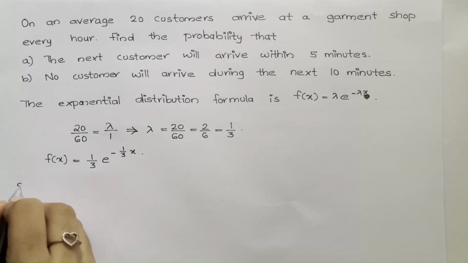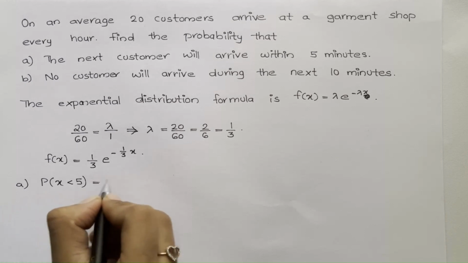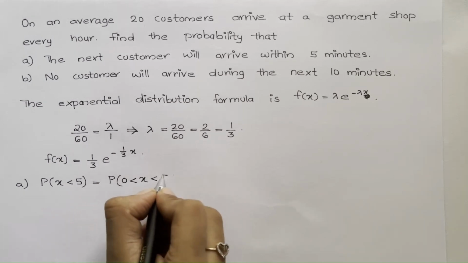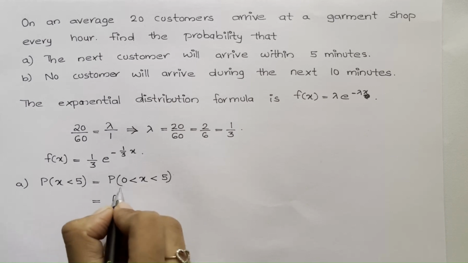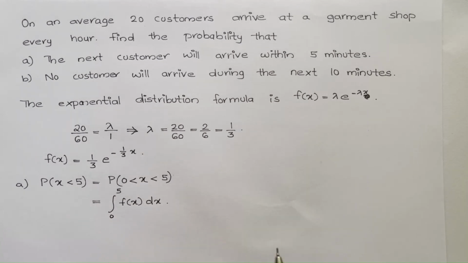Now, we have to find out the probability of the next customer arriving within 5 minutes. That is P of x less than 5 equal to P of 0 less than x less than 5 equal to integral 0 to 5 f of x dx. Here, the exponential function is a continuous function. Therefore, we have to integrate the function to find out the probability. Equal to integral 0 to 5 1 by 3 e raised to minus 1 by 3 x dx.